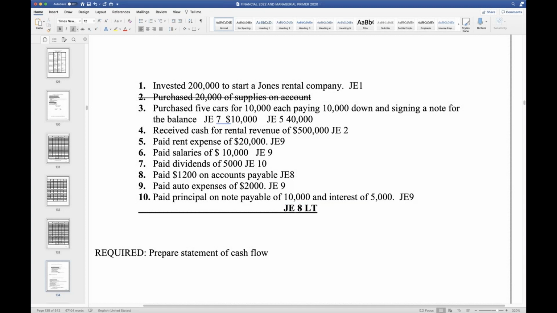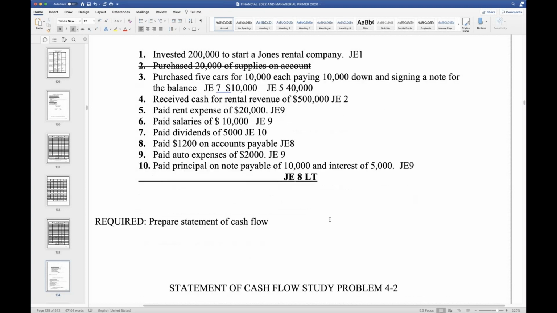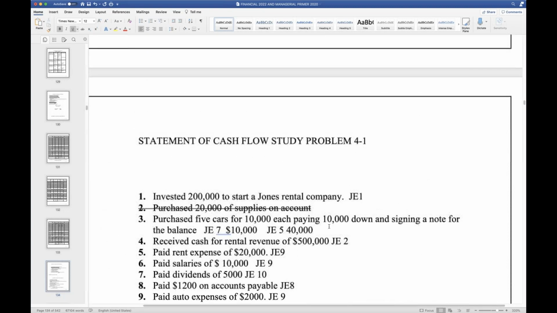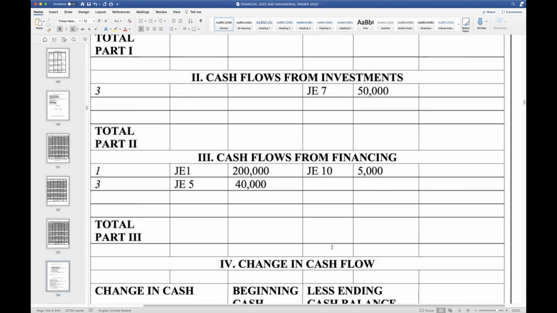Okay. So what we're going to do with it? I think notes payable is long term, I mean like liability, so it's gonna come under finance. Mm-hmm. Okay.